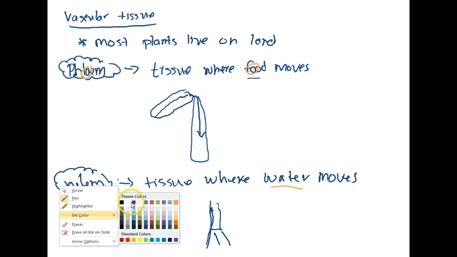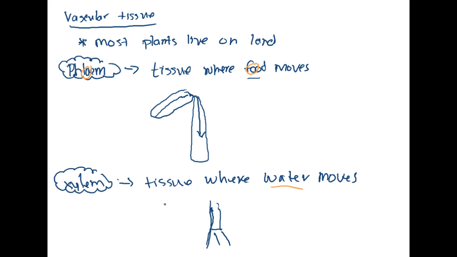Now, as we look at the next one, we've got to talk about pollen and seeds. So plants have a way of reproducing using pollen and seeds. And this is important because seed plants don't just have to use water now to reproduce. They can make something that is called pollen.